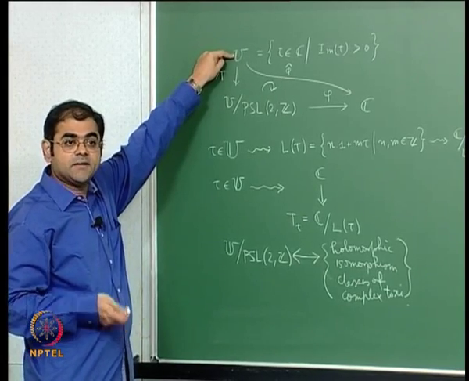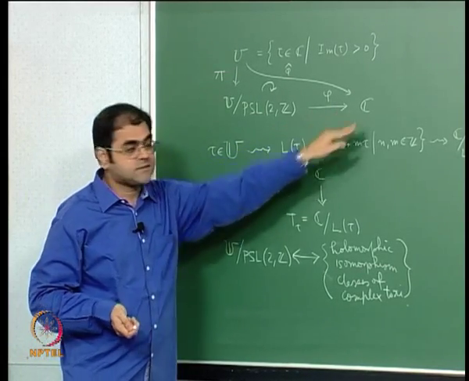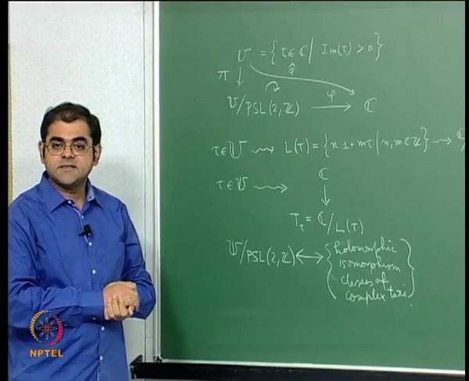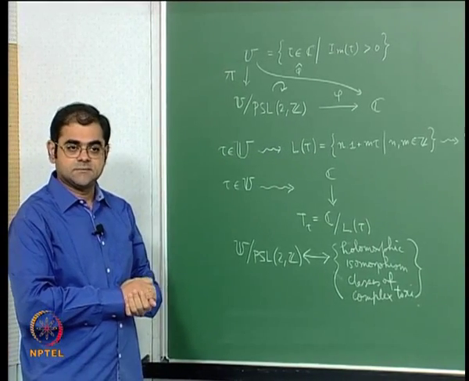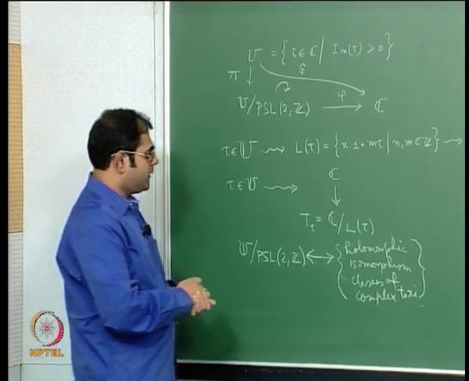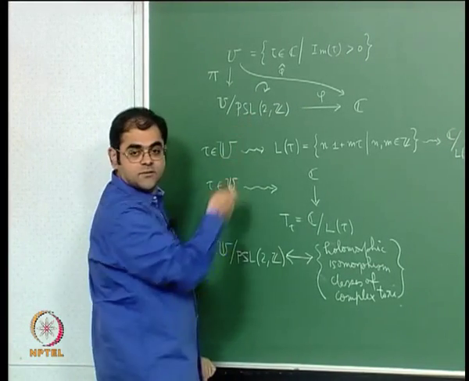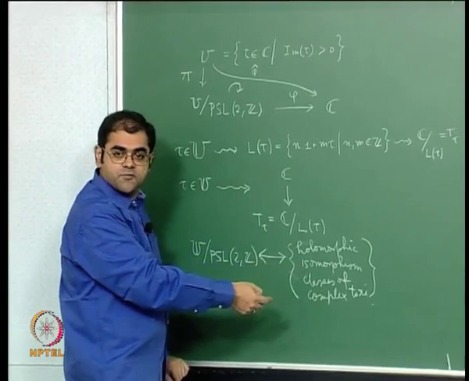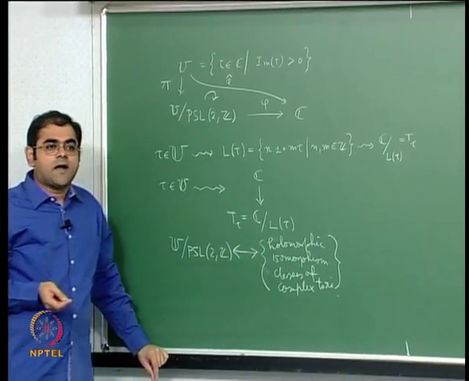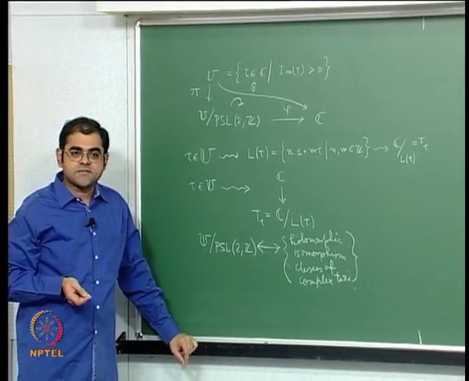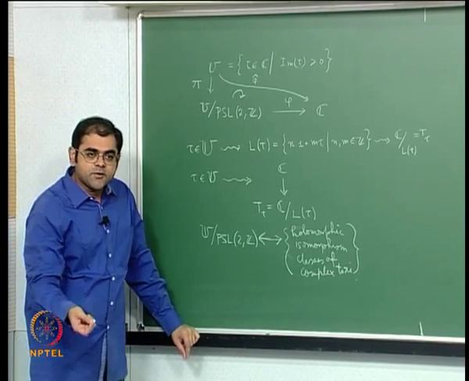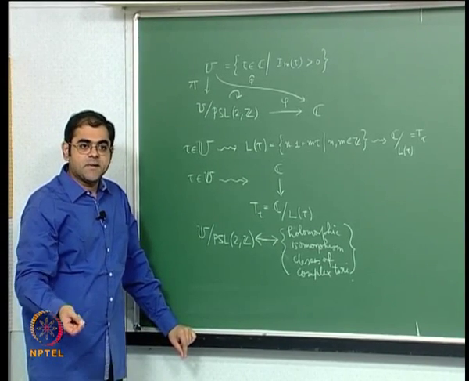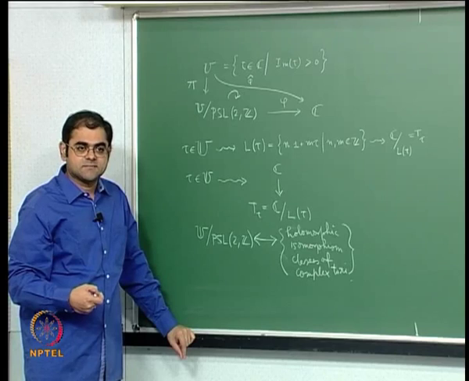A function like this which does not change on orbits is called an invariant. Of course it is invariant under PSL2Z, but geometrically, for every holomorphic isomorphism class of complex torus, you are trying to produce something which depends only on the holomorphic isomorphism class.